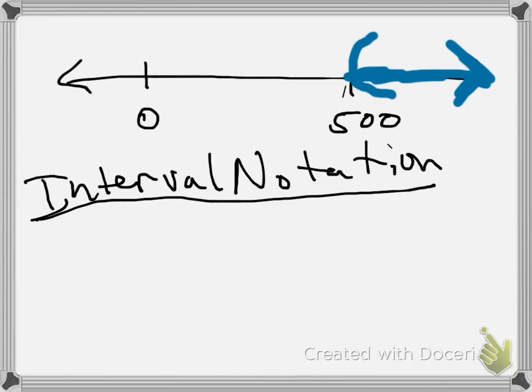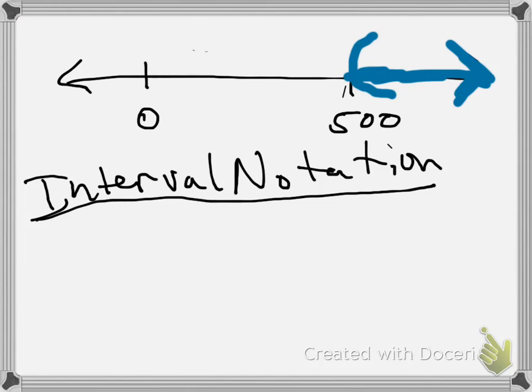If it did include 500, the X value would be greater than or equal to 500, but that's not what it said. If it was equal to, then I would have a bracket instead of the parenthesis, but it just said greater than.